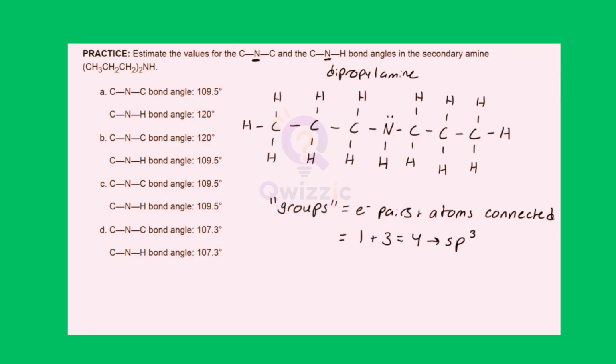Now, the bond angles are not only determined by hybridization, but also the number of lone pairs surrounding a given atom. When an atom is sp3 hybridized with 0 lone pairs of electrons, then that bond angle is generally 109.5 degrees.